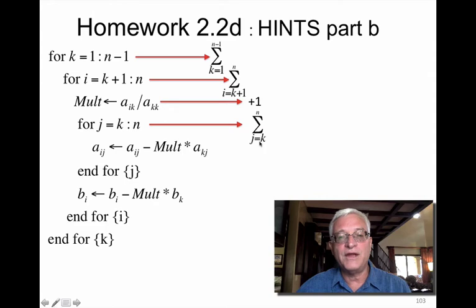Now we have one division, which is a floating point operation, so we'll have to add one floating point at this point in time. And then we have yet another sum developing from this for loop. So we will develop a sum from j equals k to n corresponding to the indices that we have on the for loop. Inside that sum, we have 2 floating point operations, so we will need to add two floating points inside that sum. The end is just going to move the indenting back. There's no sums, there's no additional floating point operations.